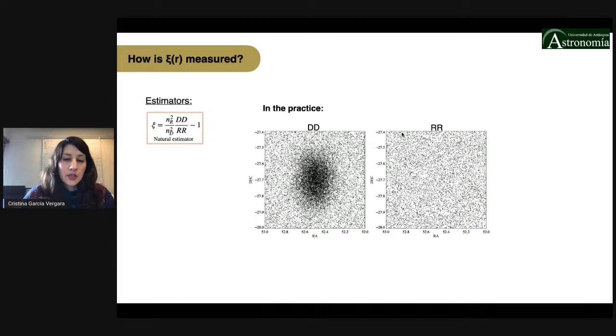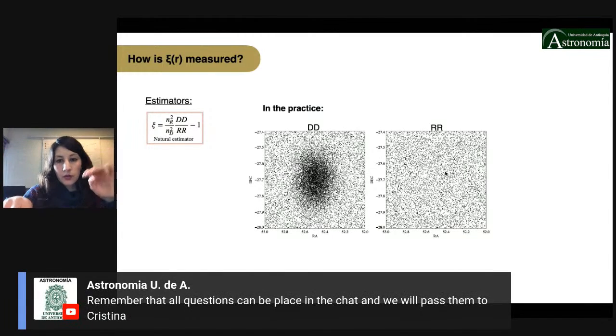Then the first step is that you have to create a random catalog, then follow exactly the same geometry here, the same coordinates, and you just simulate sources, positions within this area, and you randomly distribute those points over the area.